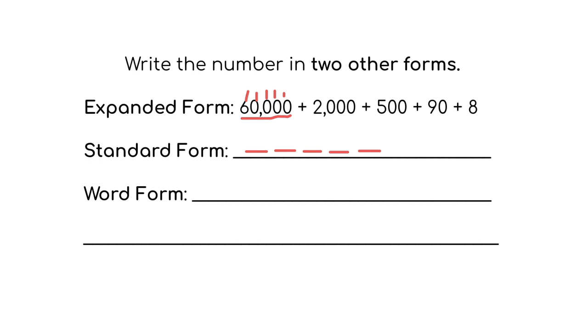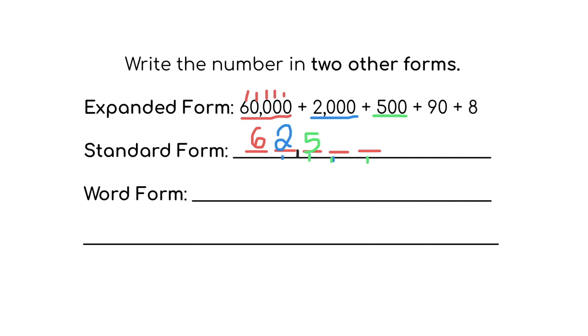So my first one is going to be in the 10,000s place, and it's a 6. My next digit is a 2, and it's in the thousands place. So ones, tens, hundreds, thousands. My 2 is going to go there. I'm going to add my comma. The next digit is a 5, and it's in the hundreds place. So ones, tens, hundreds.